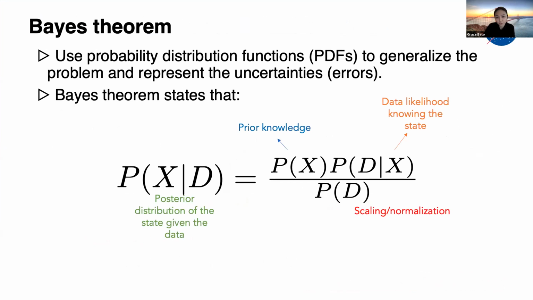We can approach it by applying Bayes theorem and using probability distribution functions to generalize the problem and represent our uncertainties. Bayes theorem states that the posterior distribution of your state given the data is just equal to the product of your prior knowledge and your data likelihood over some scaling or normalization factor.